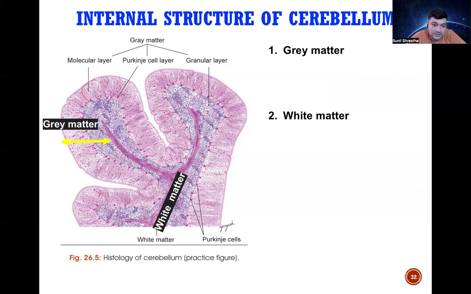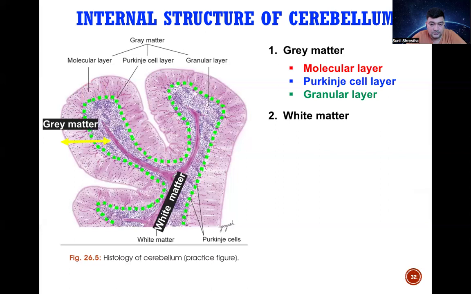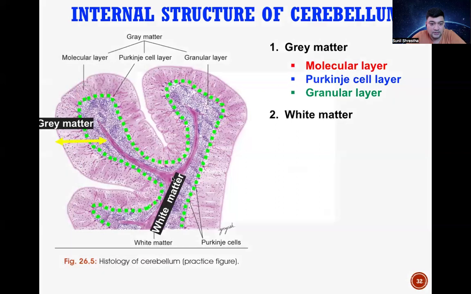The first layer is the molecular layer, the thin middle layer is the Purkinje layer, and this layer is the granular layer. So: molecular layer, Purkinje layer, and granular layer.